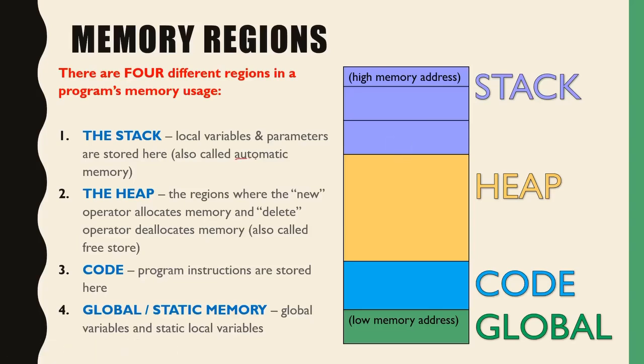That's why this is called automatic memory. But whenever you dynamically allocate something in the heap with the new operator, that stays there until you manually delete it. Which means if you forget to delete it, it could be there forever, or at least until you reboot your computer.